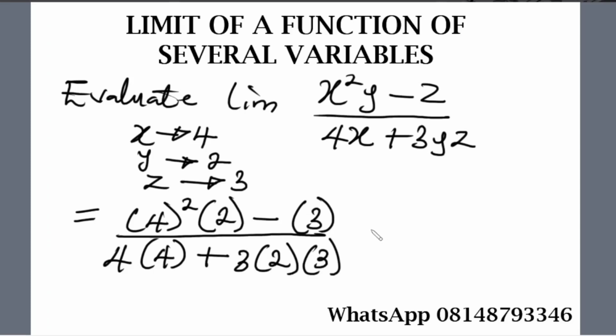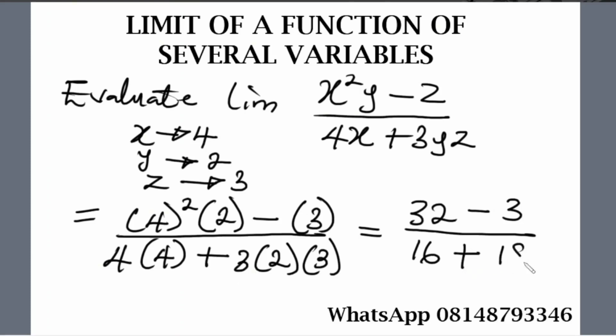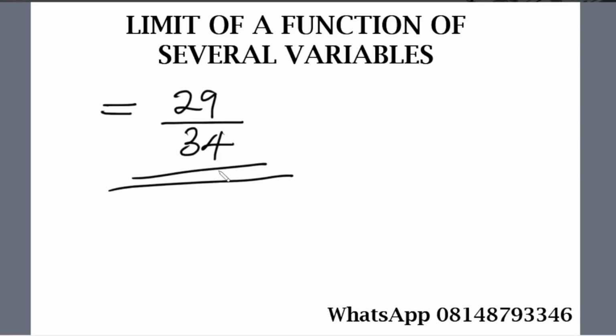If you solve this out, you would have 4 raised to the power 2 gives us 16, and 16 multiplied by 2 is 32 minus 3 all over 4 multiplied by 4 is 16. 2 multiplied by 3 is 6, and 6 multiplied by 3 is 18. So we have here plus 18. So 32 minus 3 gives us 29 all over 16 plus 18 gives us 34. So this is how we solve limit of a function of several variables.